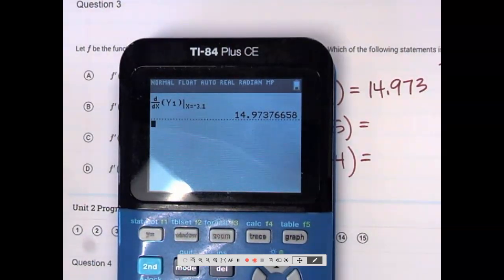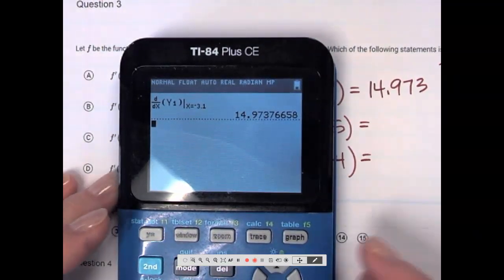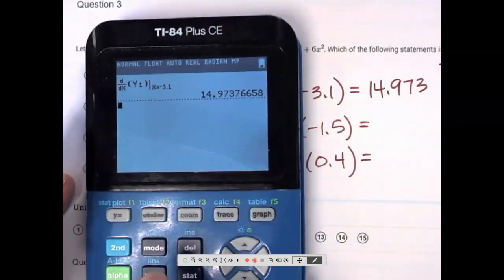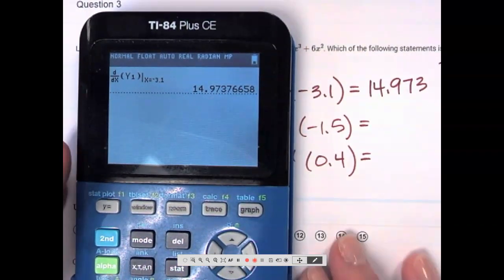How do you get the Y1? Vars, which is right next to clear. Go over to y vars, function, y1. Okay, so then do that again for negative 1.5 and 0.4.